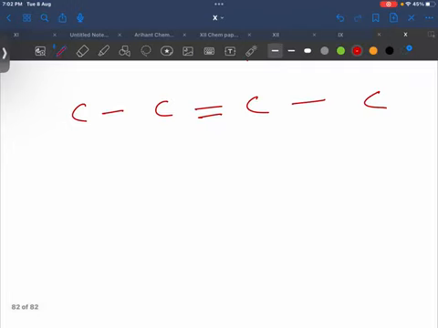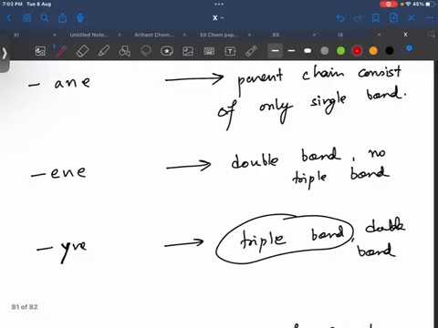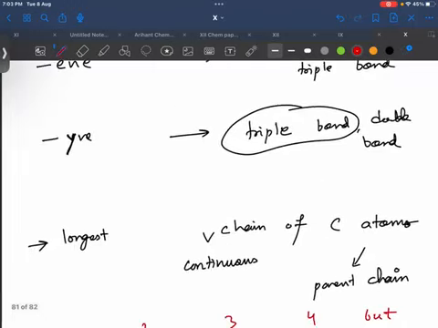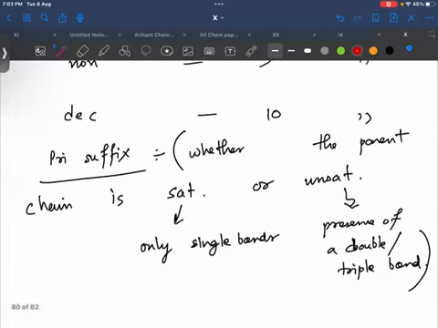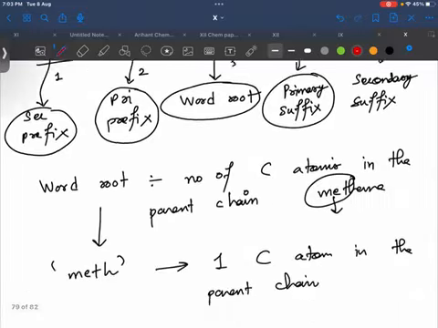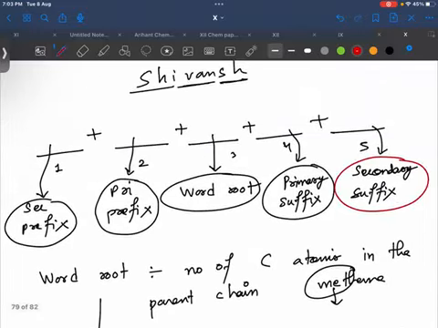Understood everyone? So word root and primary suffix are done. ठीक है. अभी write down. Now we are going to talk about secondary suffix. Everyone see the position. Where is your secondary suffix? Primary suffix के बाद आता है. It comes after word root, after primary suffix, you get secondary suffix.